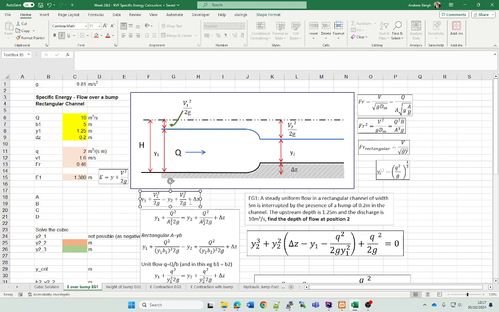What are the unknowns in here? Well, we can relate V2 to Q and write it as a function of depth. We know dz because we've been given it, 0.2. The only unknown is going to be y2, so we're going to calculate y2 from this function.